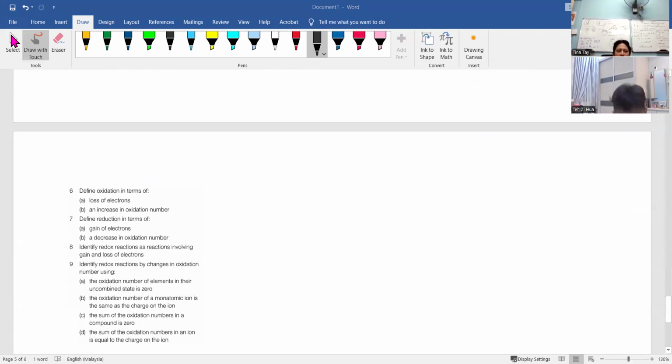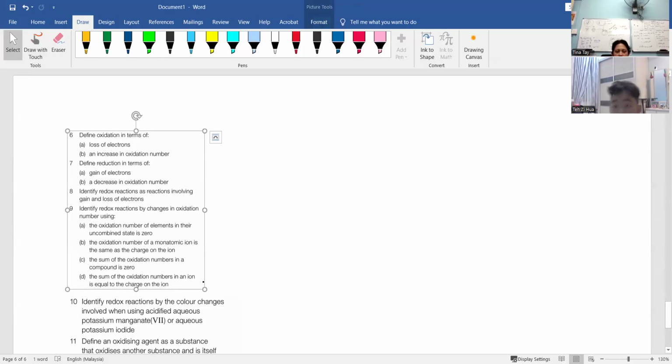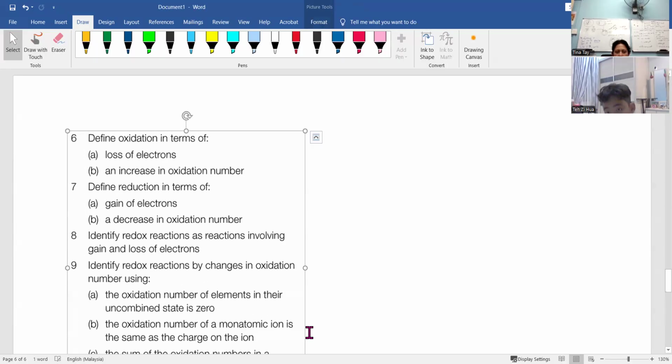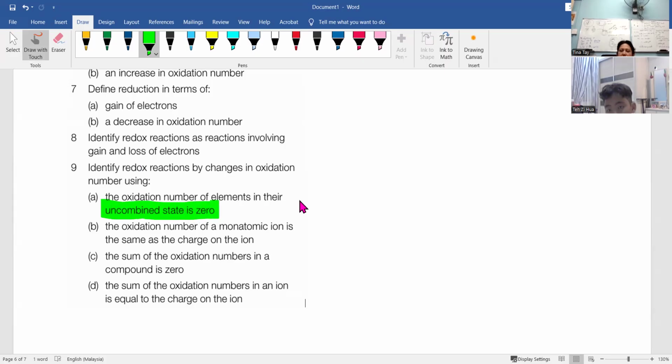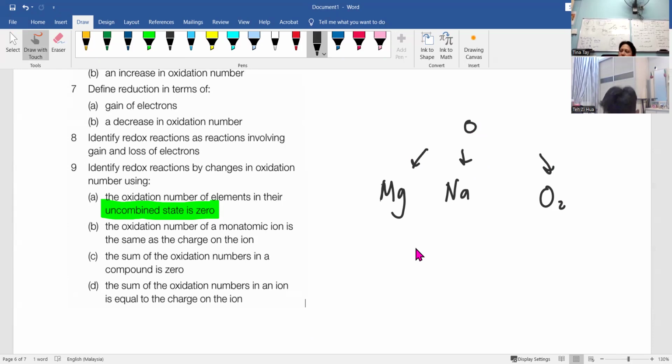Okay, so look at this. The oxidation number of an uncombined element is zero. That means if I just show you magnesium, just sodium, just oxygen, the oxidation number of all of these is zero.